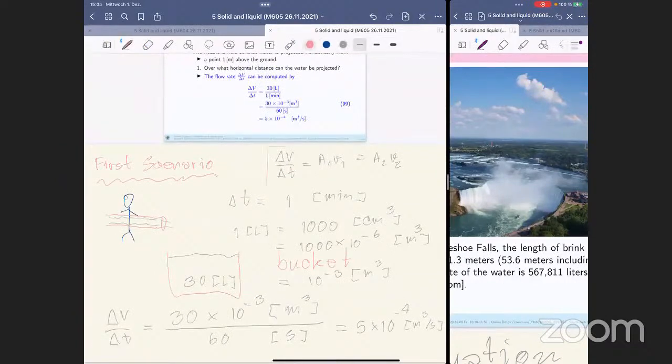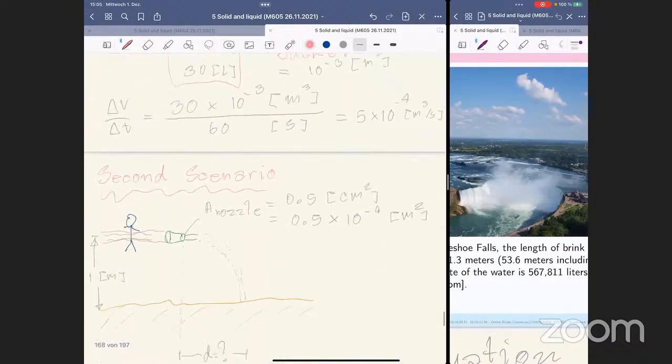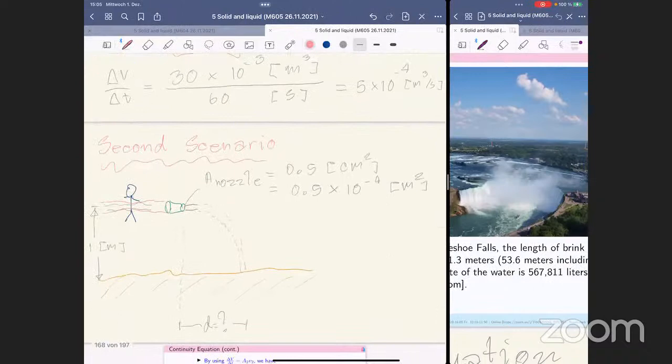As we know, on the left-hand side, delta V by delta T equals the cross-sectional area A1 and V1, right? We know A1, which is the cross-sectional area of the nozzle, right?